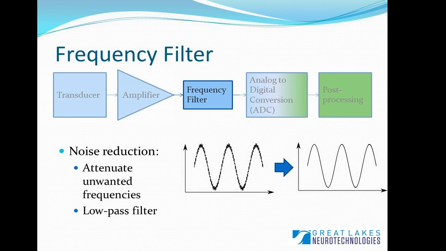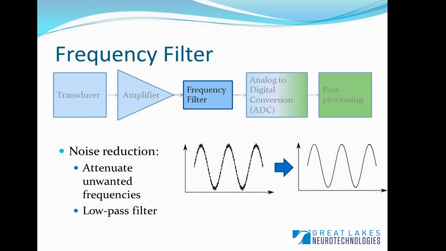The first is to attenuate unwanted frequencies. The signal coming in to your system is largely going to be comprised of many different frequencies, and several of these are probably necessary to describing the system that you're trying to measure. However, some are probably going to be noise frequencies that enter in as well. So the frequency filter allows you to attenuate certain frequencies.